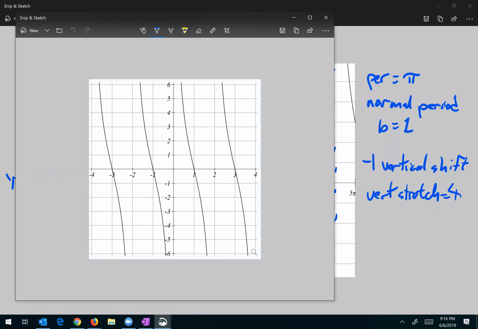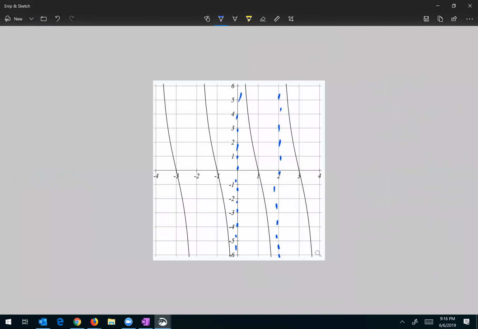All right. Okay, so if I have an asymptote on the y-axis, and I have an asymptote at 2, that means my period is 2.